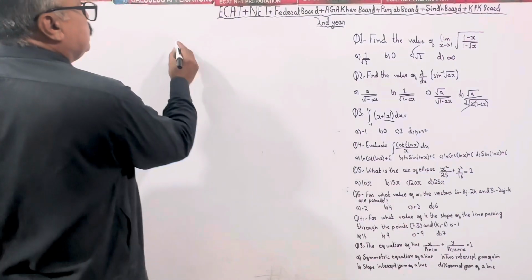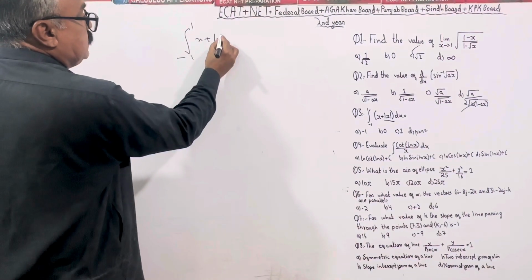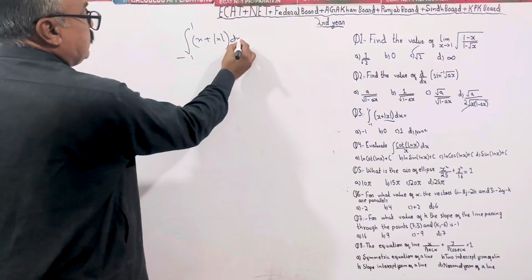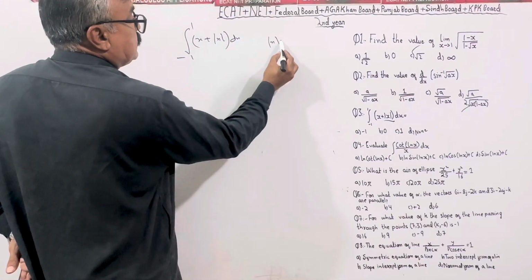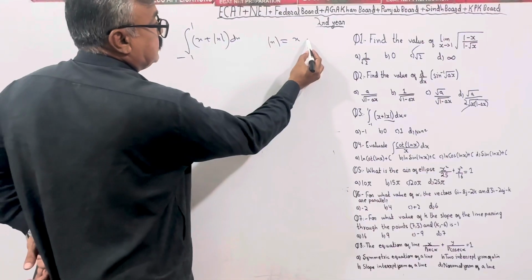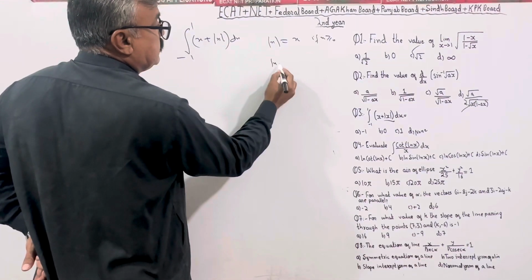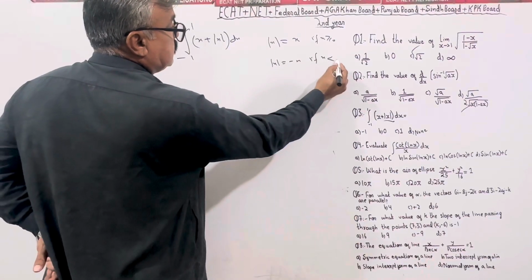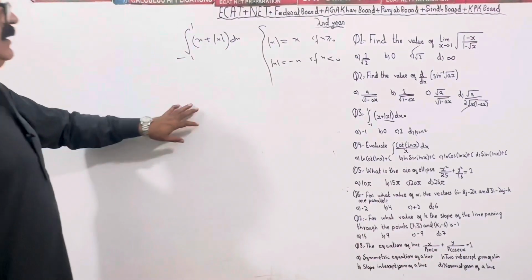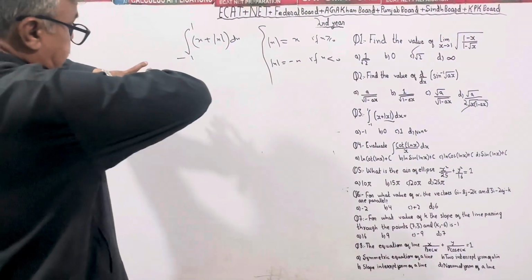Here, question number 3. Integrate from minus 1 to 1, x plus mod x dx. Don't forget, mod x is equal to x if x is greater than or equal to 0, and mod x is equal to negative x if x is less than 0. So utilize this fact here. Just split it up.